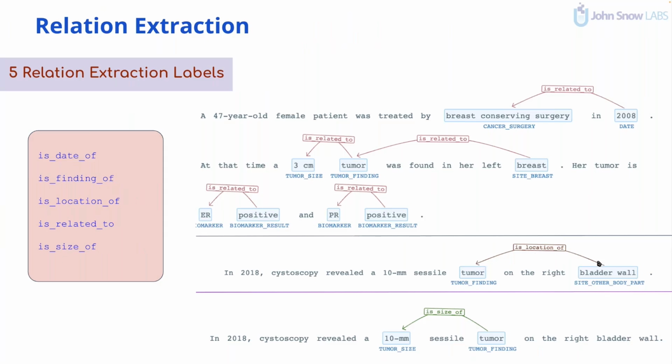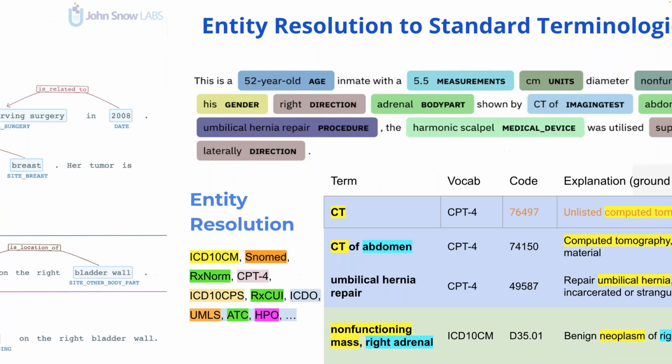If they have a relationship, it labels like this. And there is also is size of, since there are tumor sizes and tumor findings. For some analysis, you need to check their relationships, and this is why we have these models.